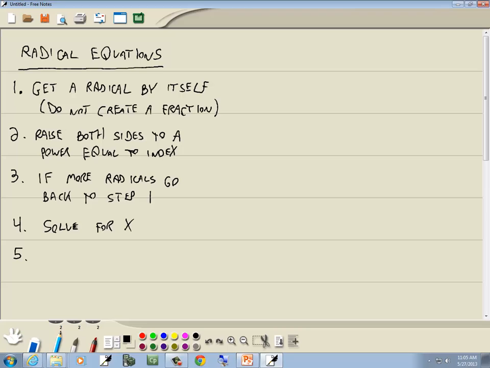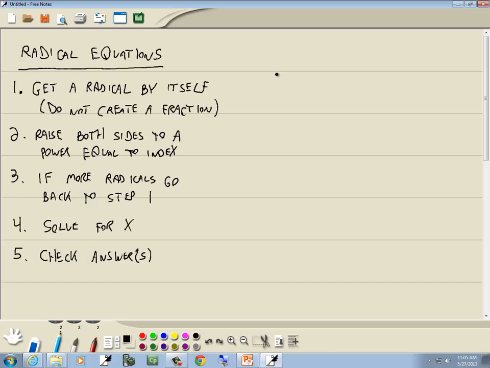Actually, depending upon what else is in the problem, you could have even something beyond that. So it has to be vague. And then step 5, check your answers. What you'll find is that these steps will give you the correct answer, but sometimes will give you false answers also. So you have to check your answers.